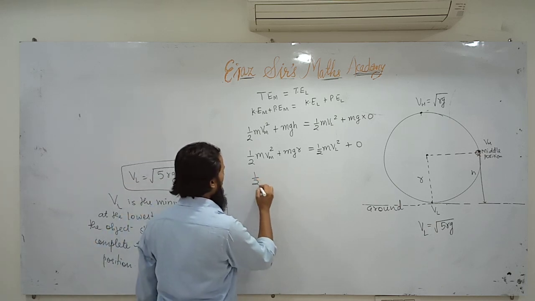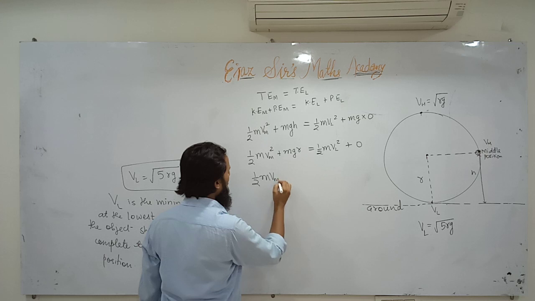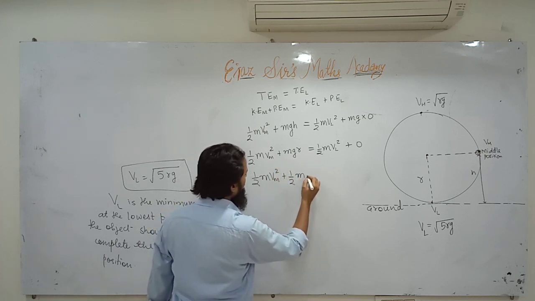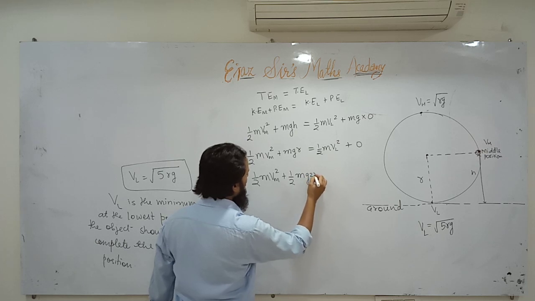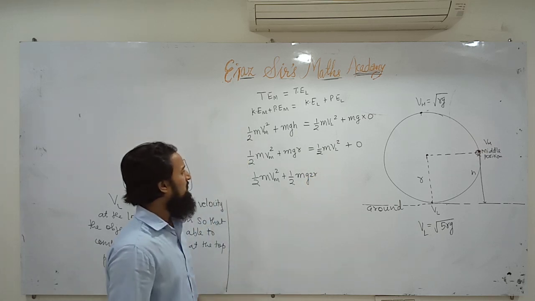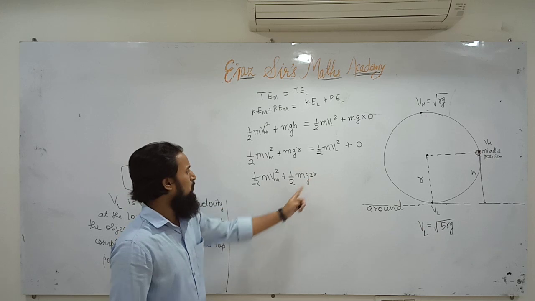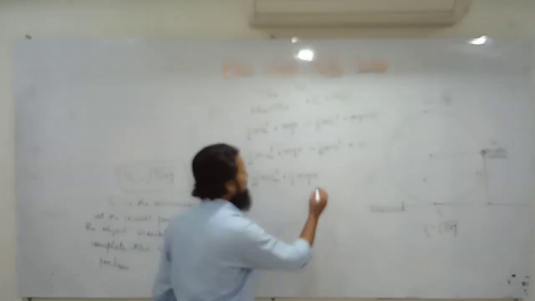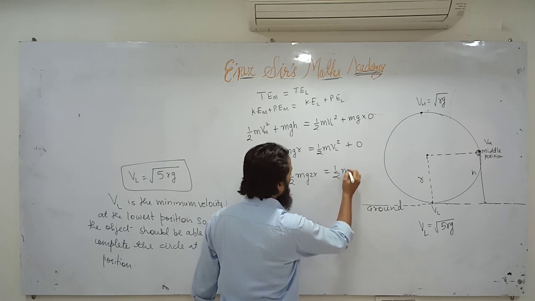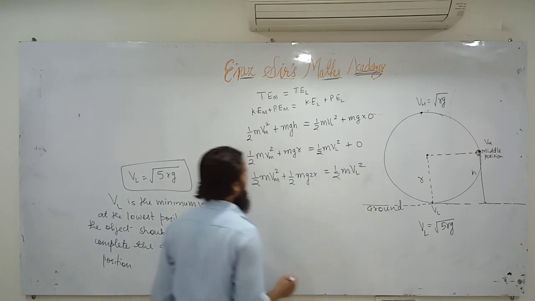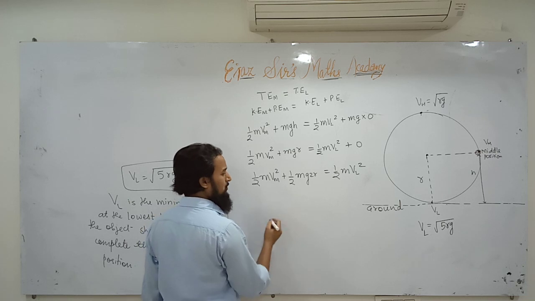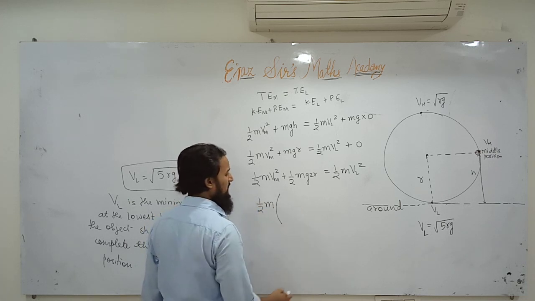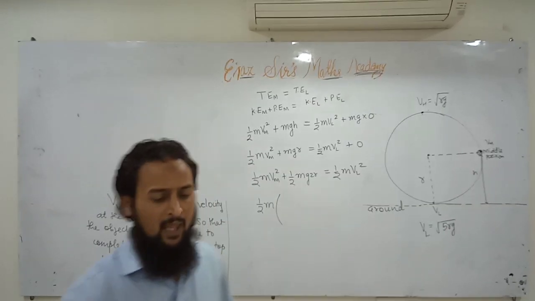It is half m Vm square plus half m g 2r. Why 2r? Because this 2 will get cancelled and mgr will be left behind. Understood? Half m VL square. Take out something common. Half m will be common, like we did in the previous derivation.